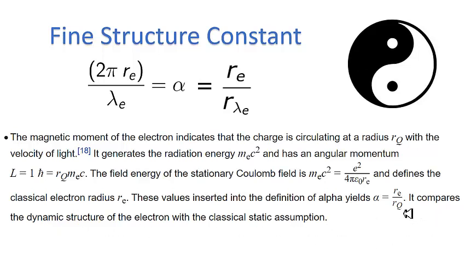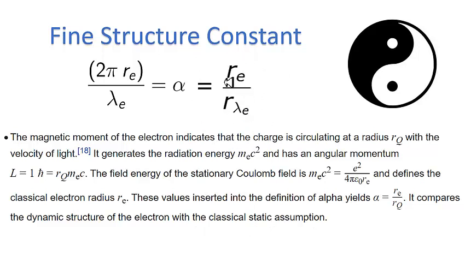It says it compares the dynamic structure of the electron with the electrostatic assumption. I don't know exactly what they mean by this, but basically it's telling me that this ratio is a ratio of the static assumption divided by the dynamic structure.